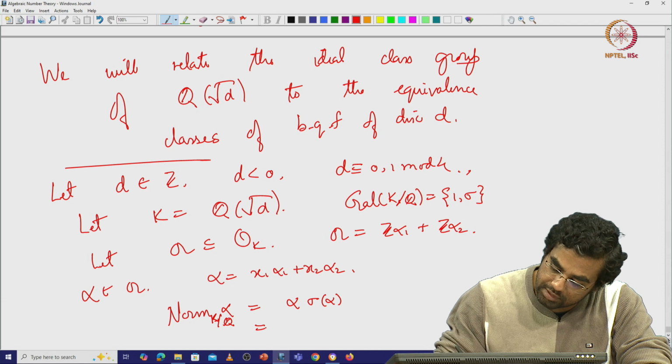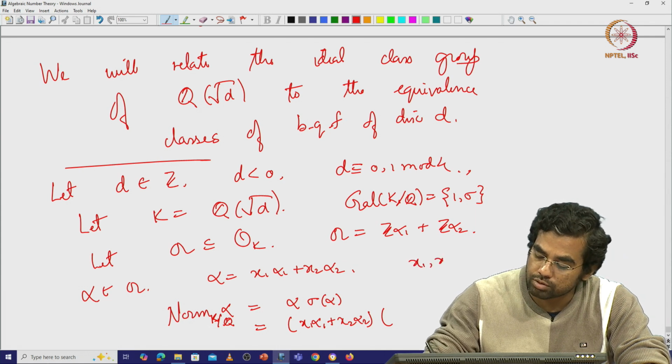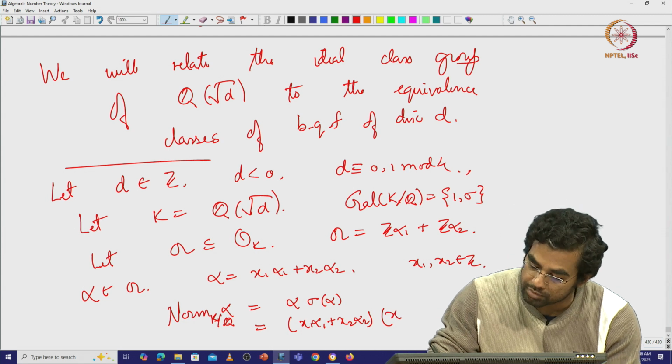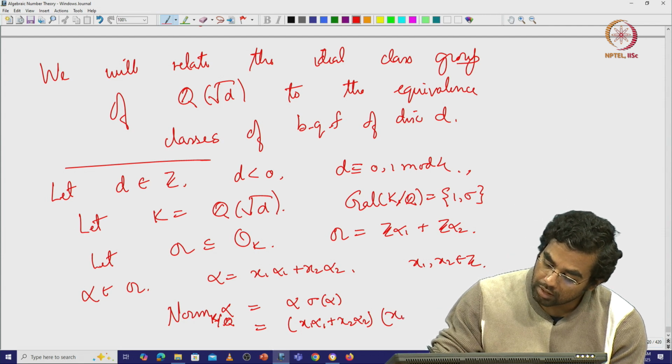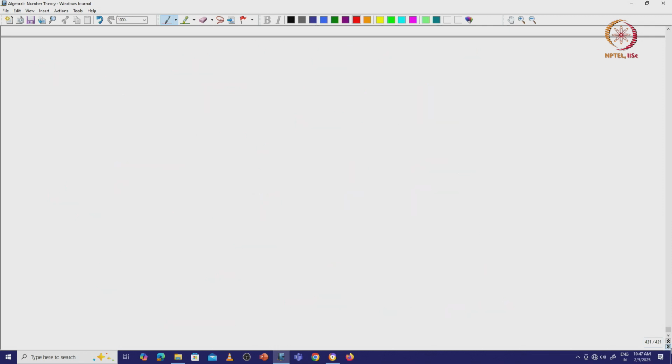So, I just write this in terms of x1 alpha 1, x2 alpha 2, and x1 and x2, these are integers, right. So, sigma does not do anything to them. So, this is x1 sigma alpha 1 plus x2 sigma alpha 2. So, if I expand that out, what do I get?